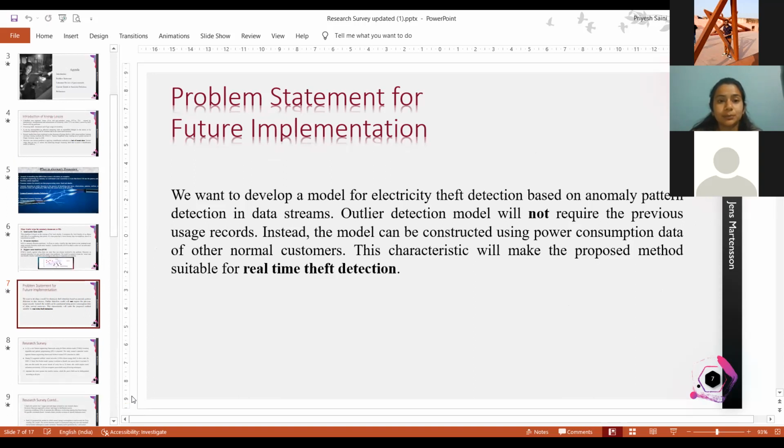Now comes the problem statement for future implementation. Till today, for electricity theft detection, we are using a large amount of data, like 2 years of data or 5 years of data. So it is very difficult to store that type of data for detection purposes.